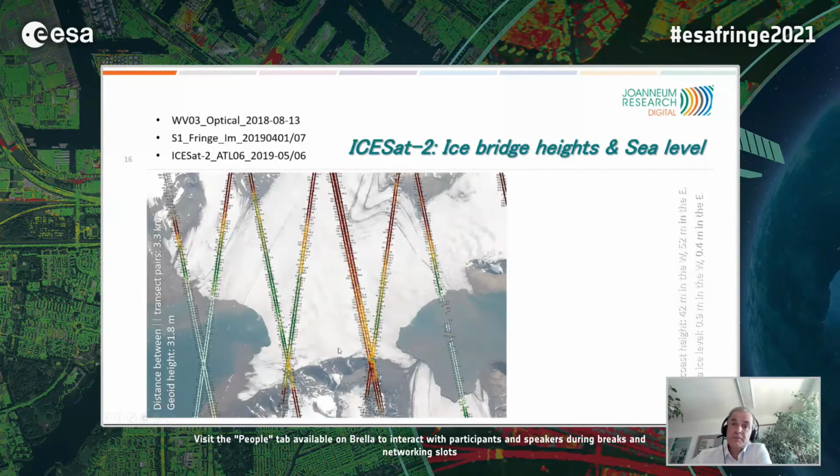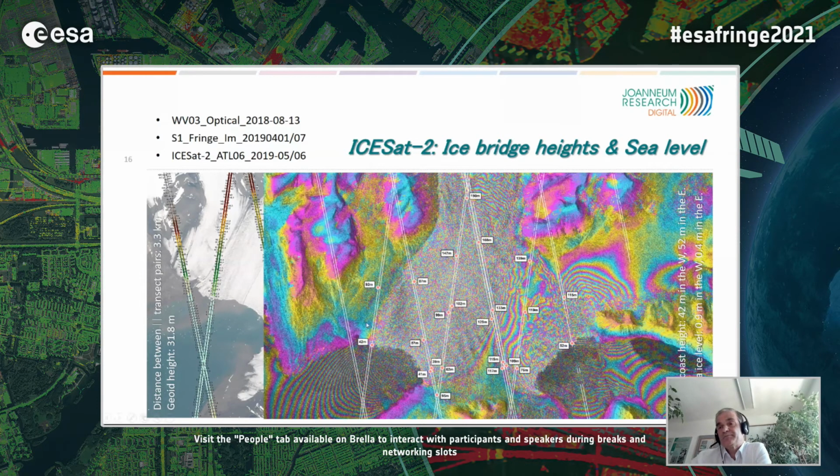So all elevation transects were geocoded, corrected for the geoid height and overlaid on corresponding interferometric products.